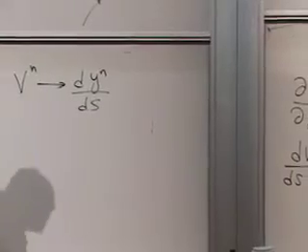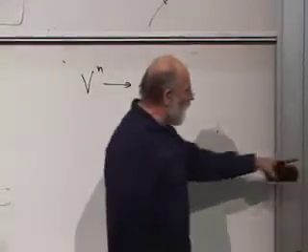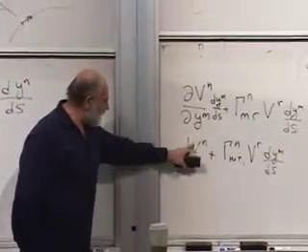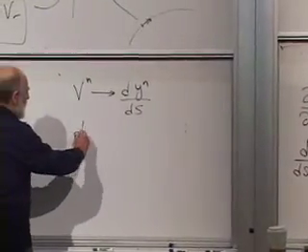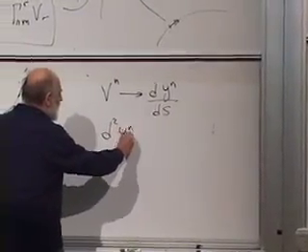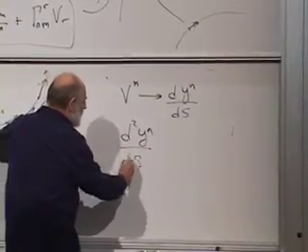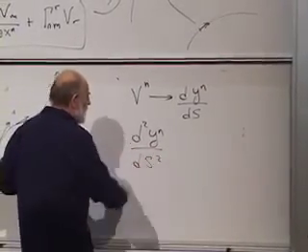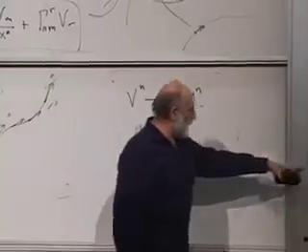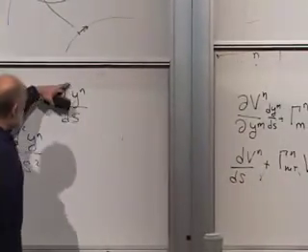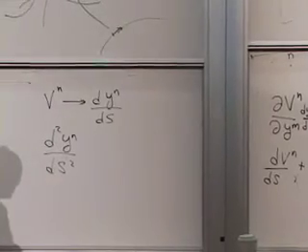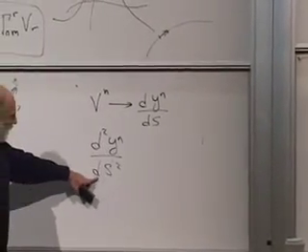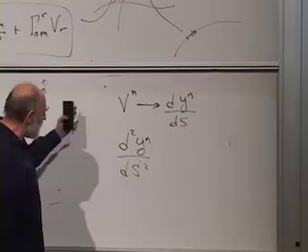So let's just plug it in. First of all, what do I get for dV^n by ds? That becomes the second derivative of y^n with respect to s. It's just the derivative with respect to s of the derivative of y with respect to s. So that's a second derivative of y along the path length.